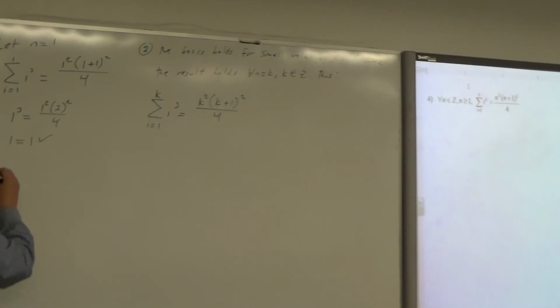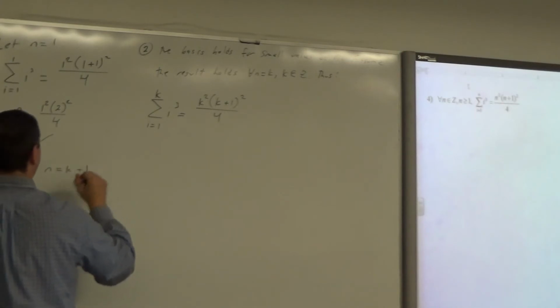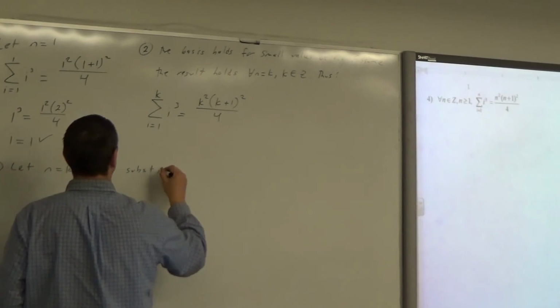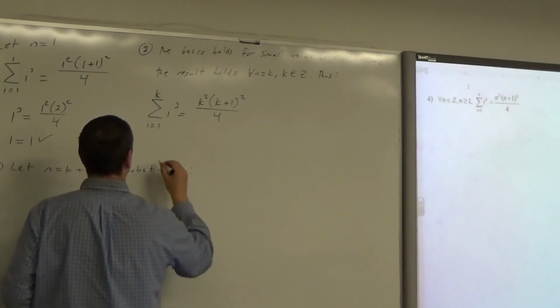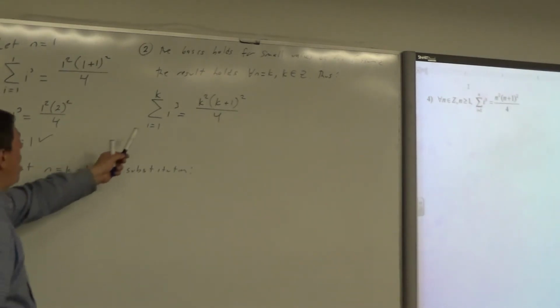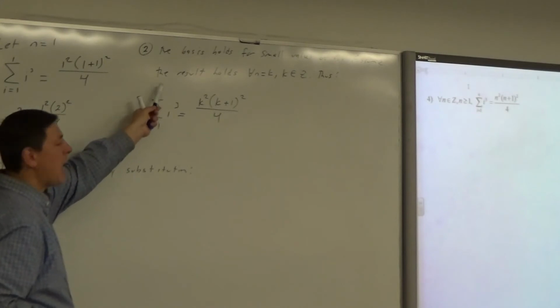So, we're going to let n equal k plus 1. We're going to substitute. So, by substitution, guys, doesn't this now become i equals 1 to k plus 1, right?